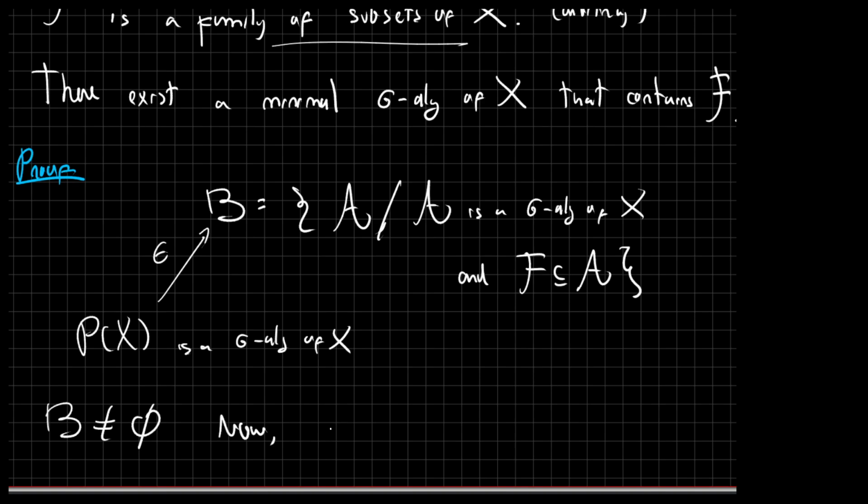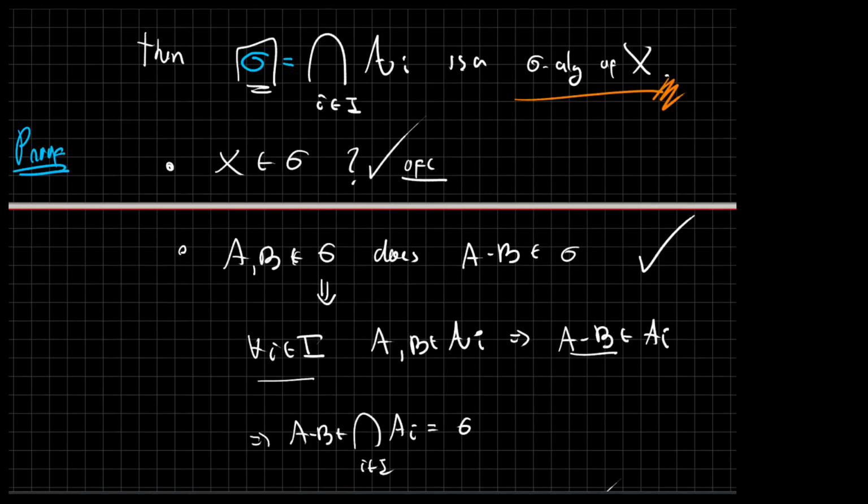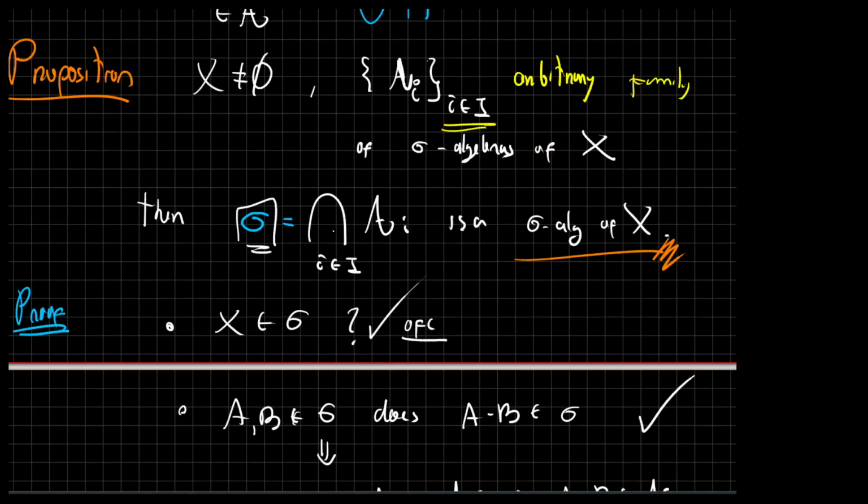Now, what happens if we define this symbol as sigma of F, and this will be equal to the intersection of every sigma algebra that contains F. So by the proposition, this is a sigma algebra, because an arbitrary intersection of arbitrary sigma algebras is a sigma algebra.